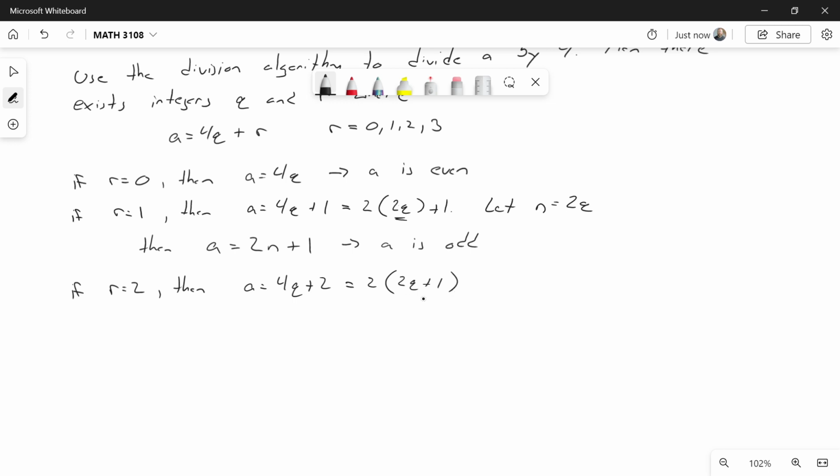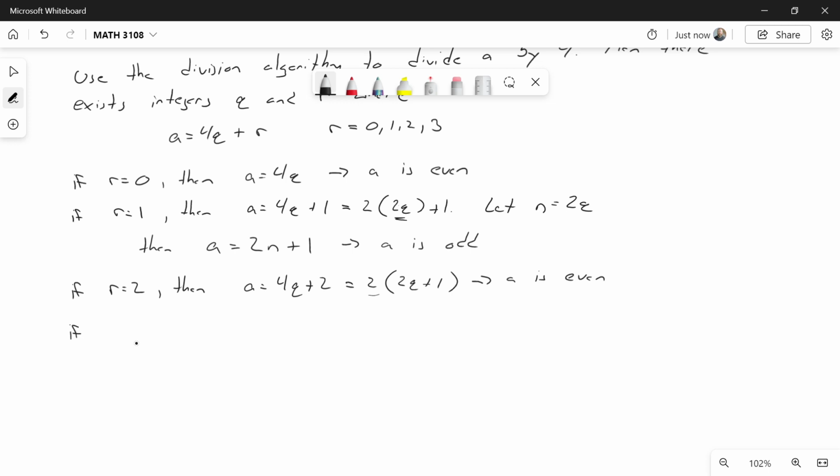Well, 2q plus 1 is going to be some integer. I'm multiplying it by 2, an even number, so same idea as before. Whatever 2q plus 1 is, I'm multiplying it by something that's even. This is going to be even. So if it's supposed to be odd, r can't be 2. So we've shown it can't be 0, it can't be 2, but it can be 1.